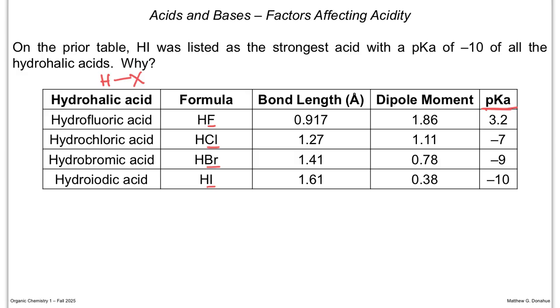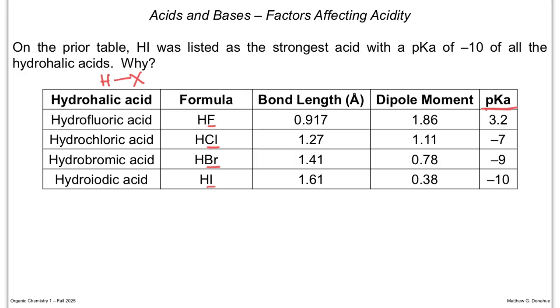So another way to think about acidity, that hydrogen is being donated. With HI, that bond length is really long to begin with. So there's really not a lot of orbital overlap because hydrogen's in period 1 and then iodine's way below.